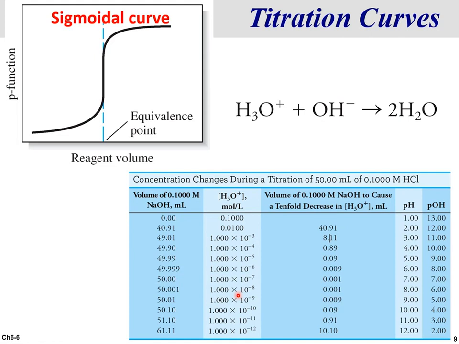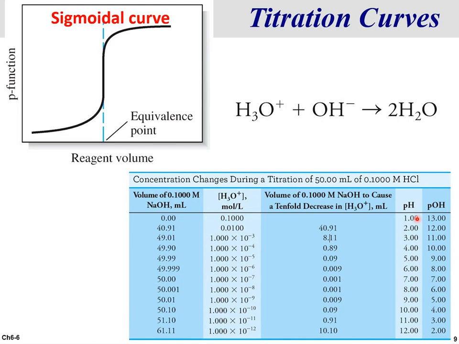It shows that initially we have just a 0.1 molar solution of hydrochloric acid, so the concentration of hydronium ions is 0.1. The pH that we calculate for this 0.1 molar solution will be 1, right?